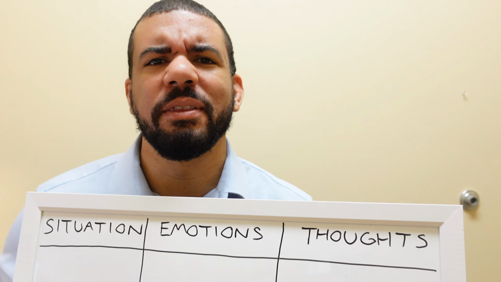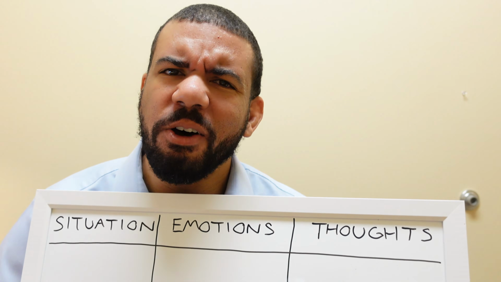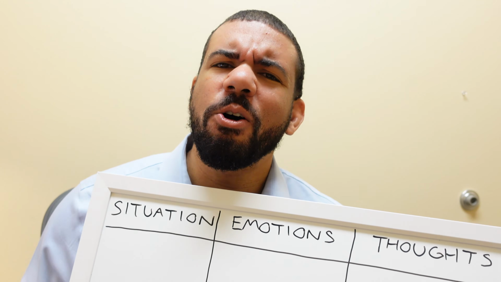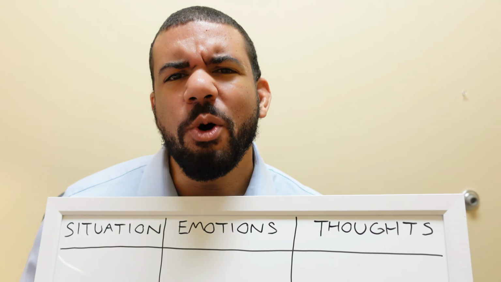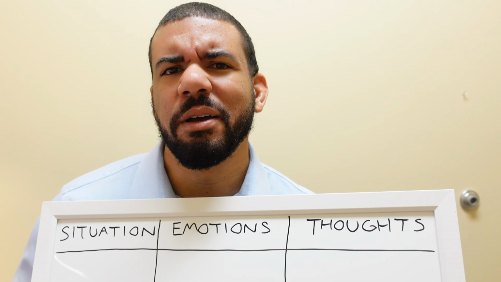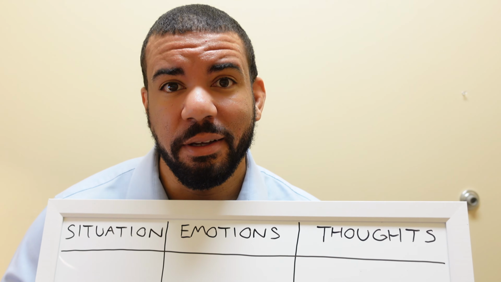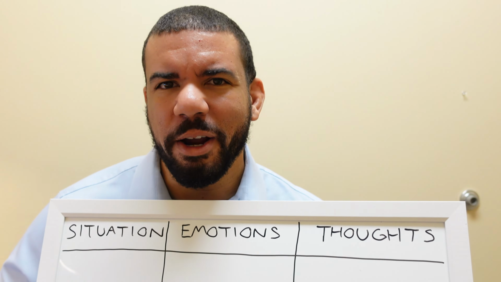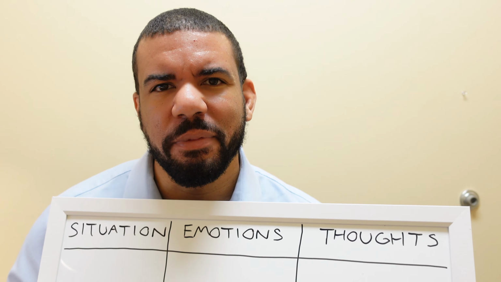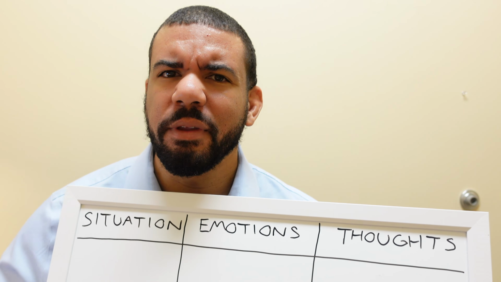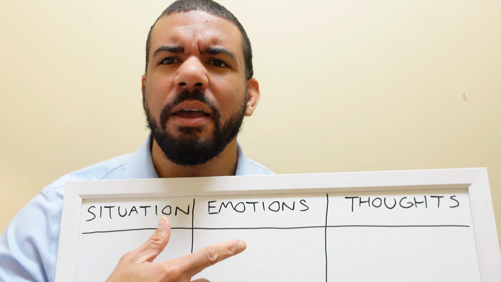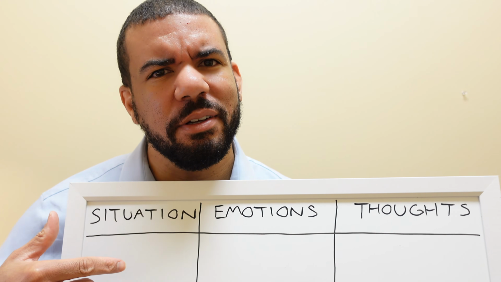Now, the next thing is the thoughts. And sometimes it's hard to know in the moment what we're thinking. But the more we do this and more we practice it, the more we'll become aware of that internal dialogue. So you have an emotion, you have a situation.